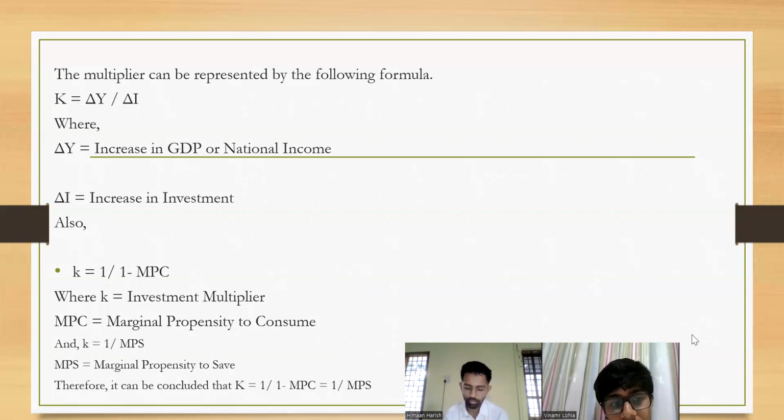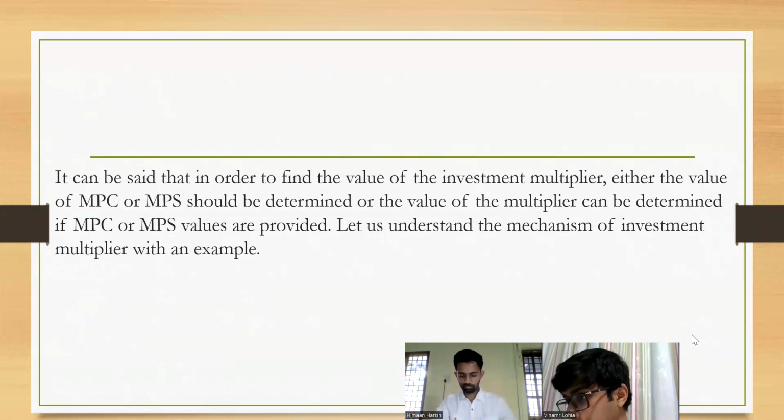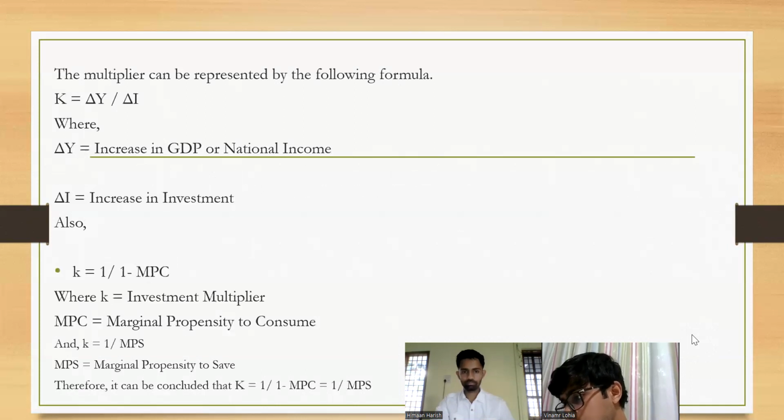Do we have to solve a numerical for this? We have, but I don't think it's investment multiplier. The income consumption, MPC, MPS, APC, APS. APS is average propensity to save. What is there in the notes for investment multiplier?